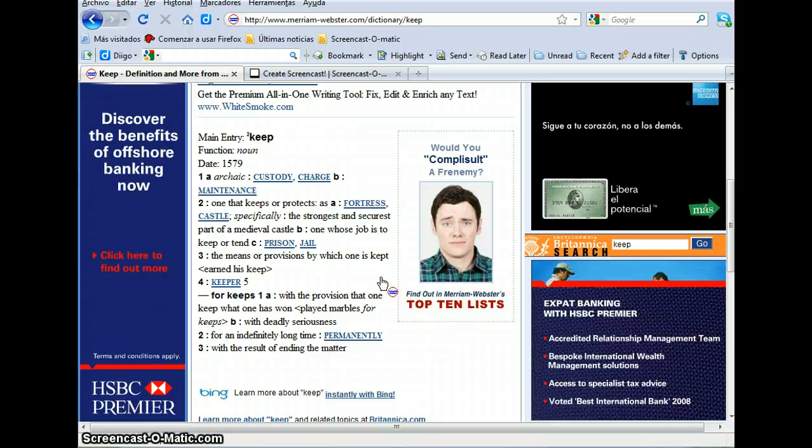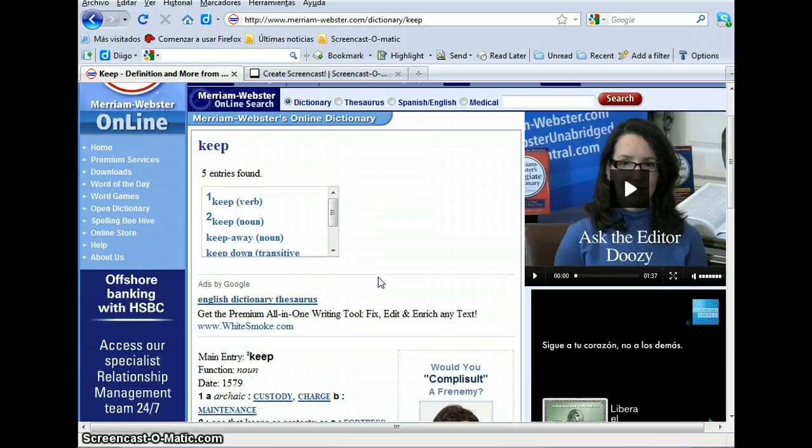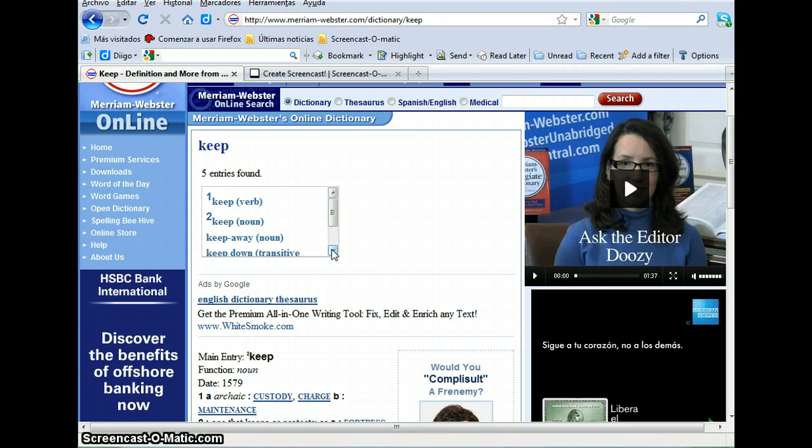Keep also has the meaning of what it costs to your keep, for example. You have to earn your keep means you have to provide enough money for your maintenance, for example.